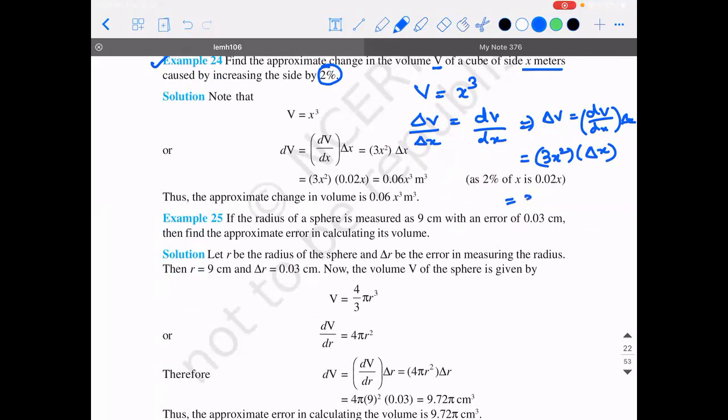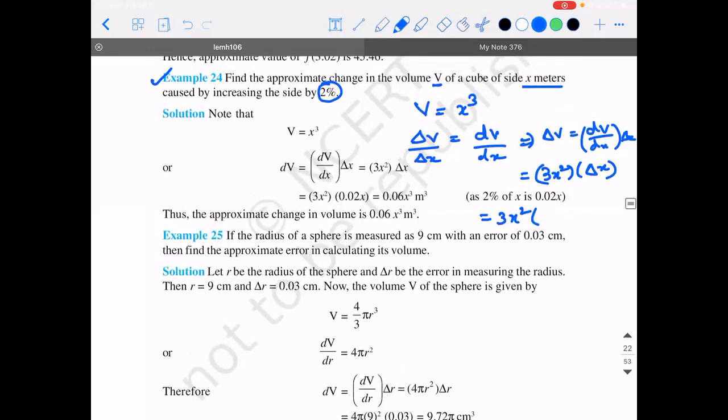So 3 into, what is the value of x? So that we need not find. So I can leave it as 3x square, into, oh, they have given x, sorry. 3x square into delta x is how much? 2%.